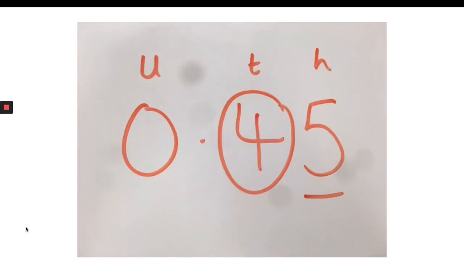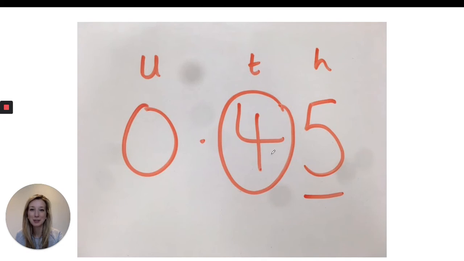Okay. And here we have 0.45. So if we're wanting to round that to the nearest tenth, you circle the digit in the tenths column and the one next door, which happens to be the hundredth. In this case, it's the 5, so 5 to the sky, 4 to the floor.